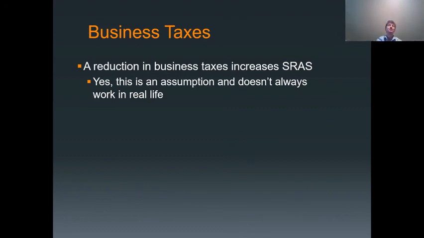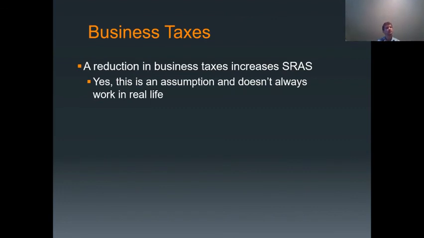The assumption here is a decrease in business taxes will increase investment spending, which will increase short-run aggregate supply and hopefully long-run aggregate supply. Now that would also, if you're fully paying attention, also increase aggregate demand, as investment spending is a part of aggregate demand.